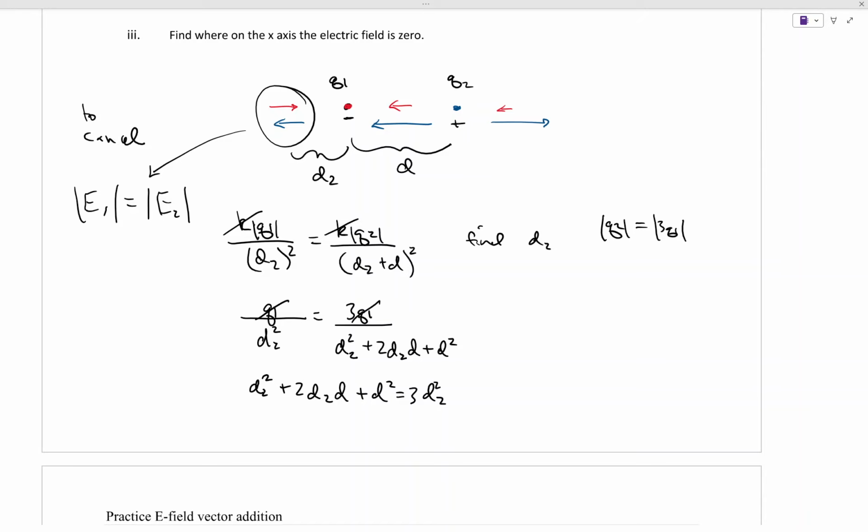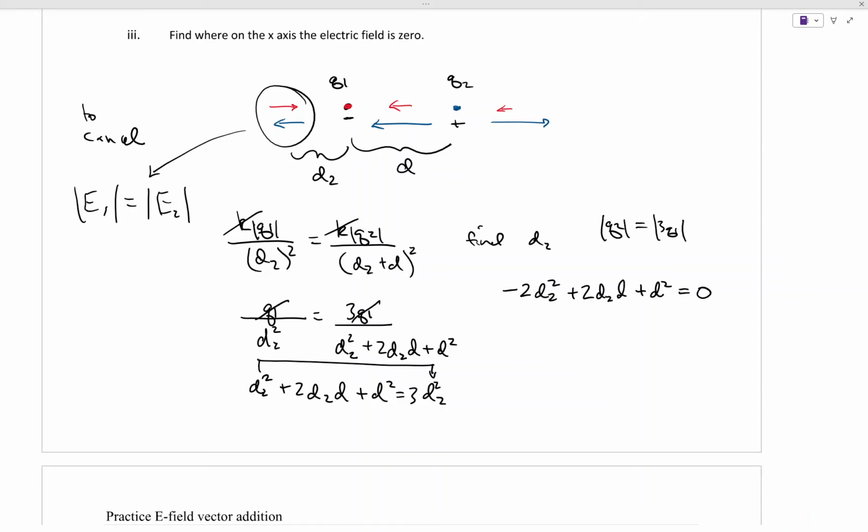So we're not going to be able to get rid of it, but we can combine these two pieces together. Let's put it all on the same side. We would have negative 2 d2 squared plus 2 d2 d plus d squared equals 0.